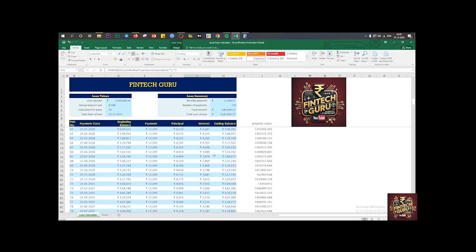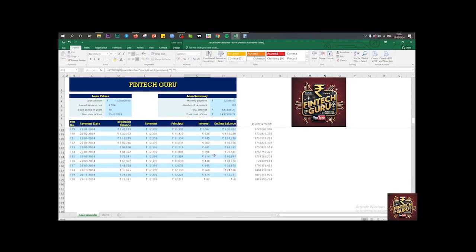As time passes, this ratio will change. So maybe during the last EMI, out of 12,399, of course your EMI will not change throughout the period. It's subject to the annual interest rate, as most of us are taking floating interest only.